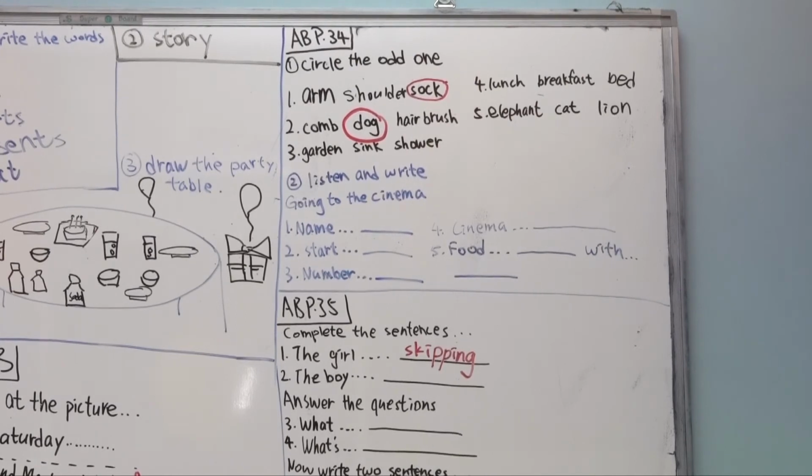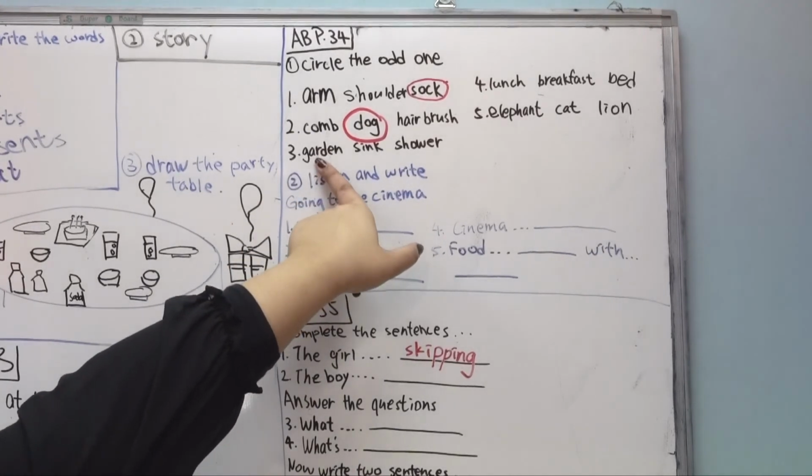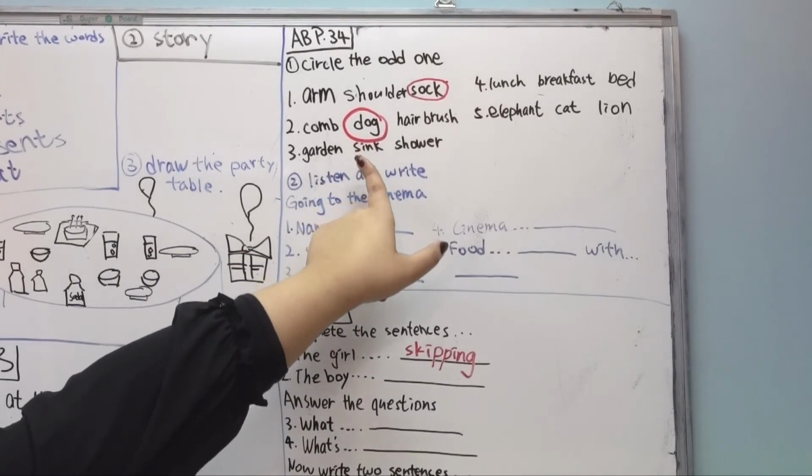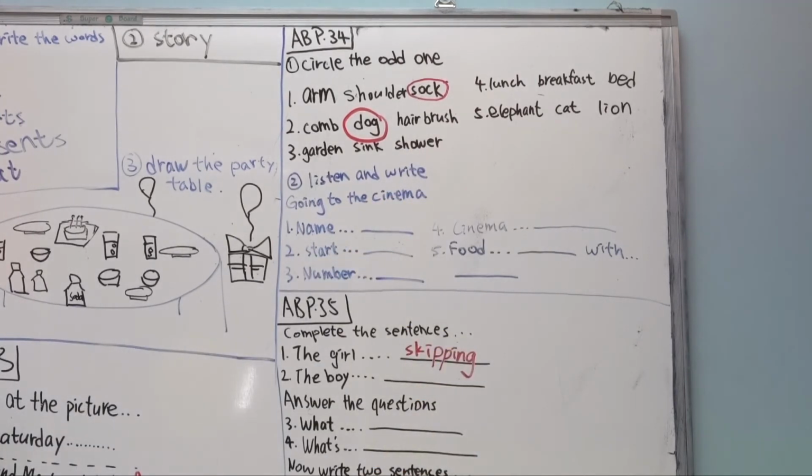Alright, done? If you're done, then let's look at number 3. So, number 3 is a picture of a garden and a sink and a shower, right? So, which one is the odd one?